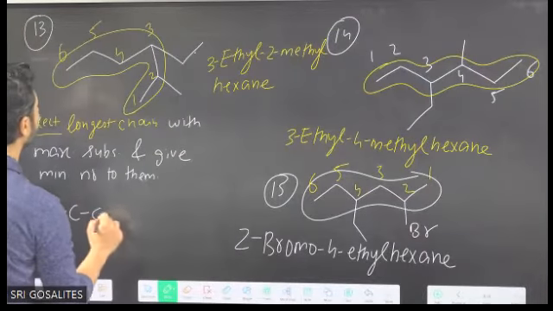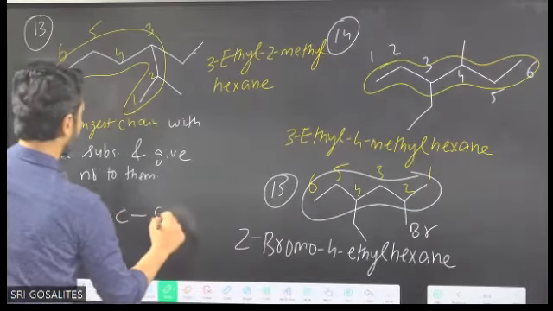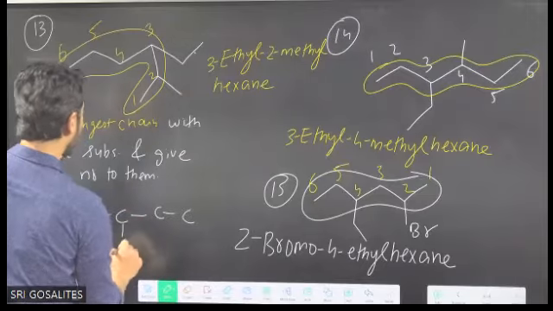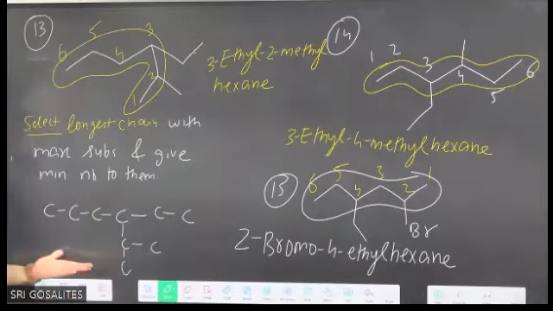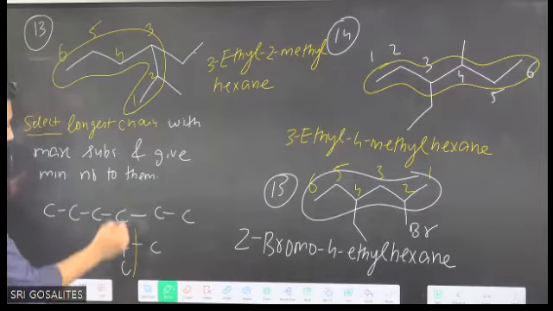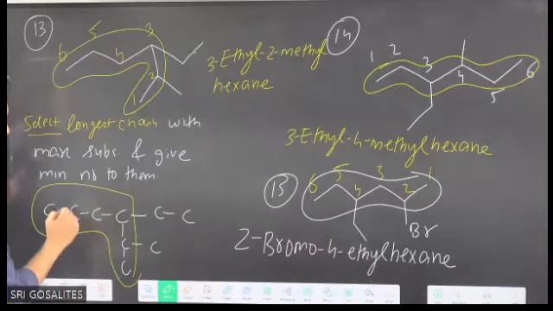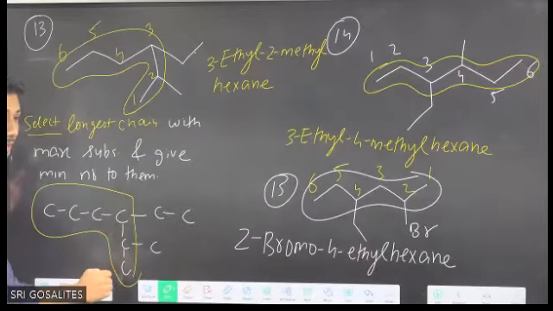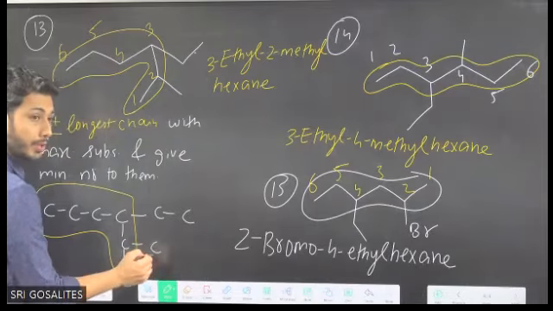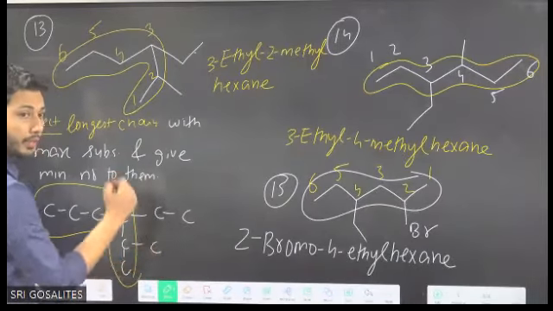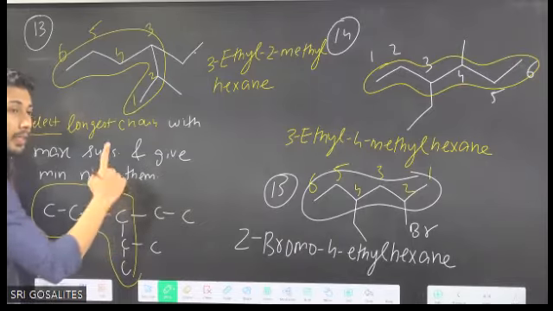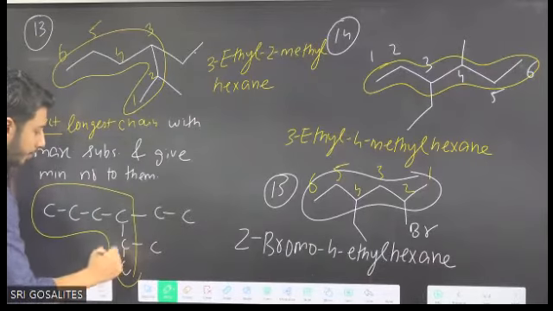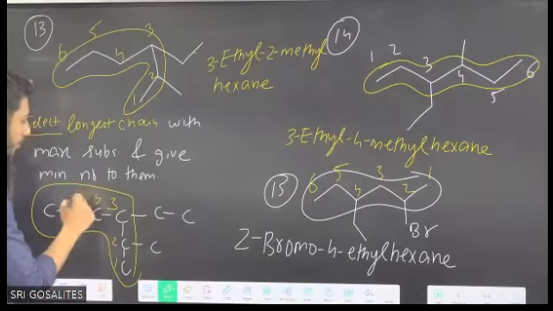CH3, CH2, CH2, C, CH2, CH3, then carbon, again carbon, again carbon. That is the structure. If you write the parent chain, this is the parent chain taken: 1, 2, 3, 4, 5, 6. Here what is there? CH3, and CH2, CH3. Numbering will give the minimum number and maximum substituents in the parent chain. So 1, 2, 3, 4, 5, 6.